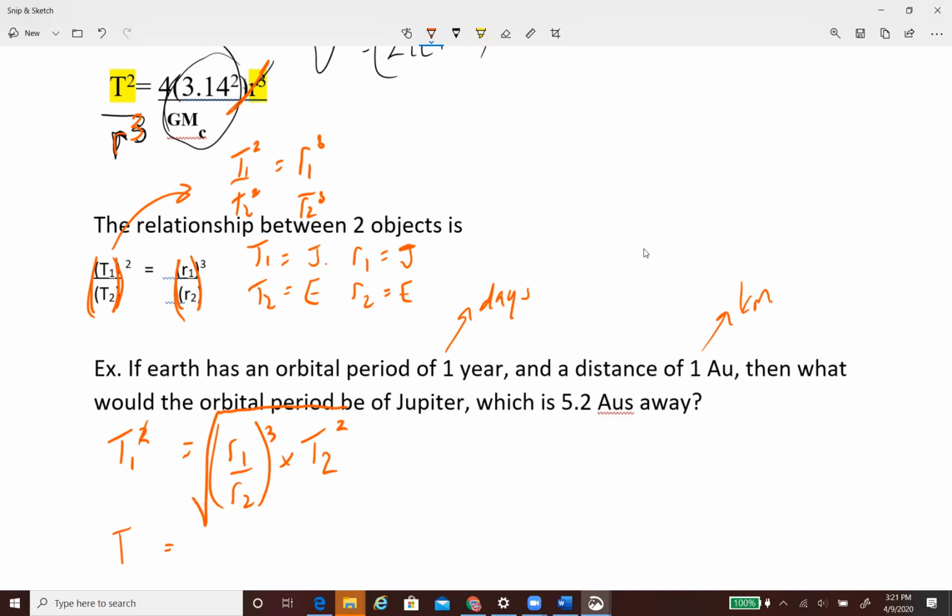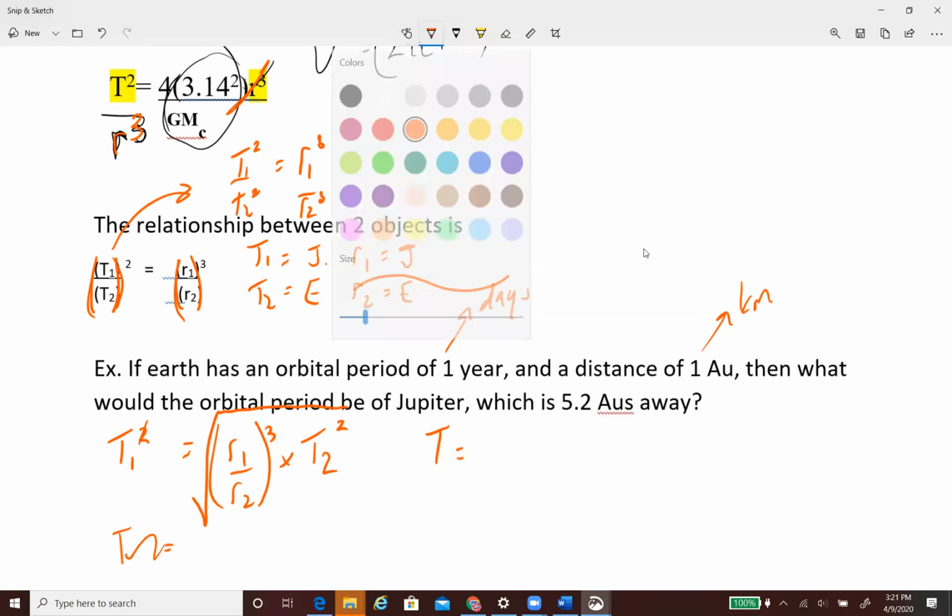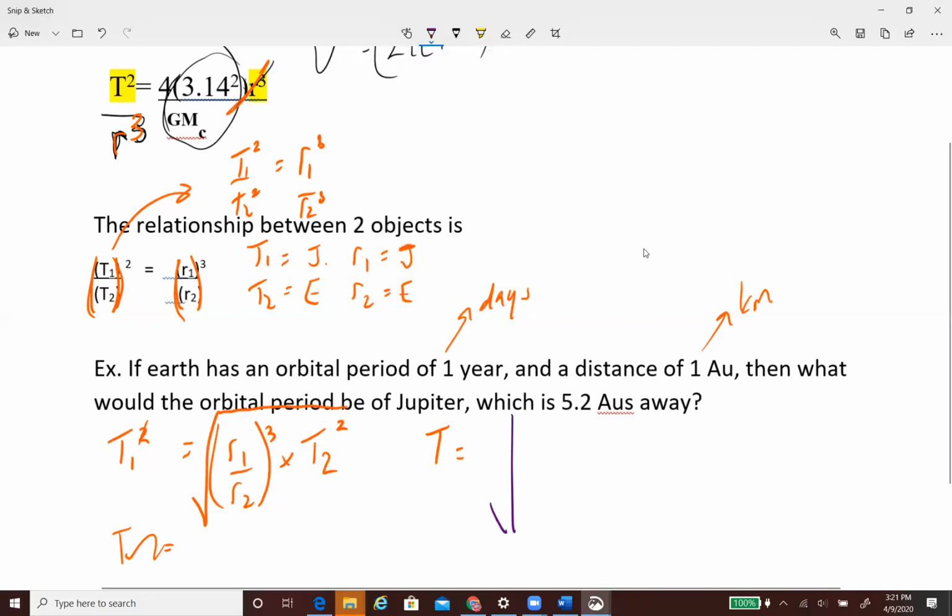Let's take a look at that. That would be the square root of R1 over R2, cubed. R1 is the orbital distance of Jupiter, because we defined 1 as Jupiter, 5.2, over the orbital distance of Earth, which is 1.